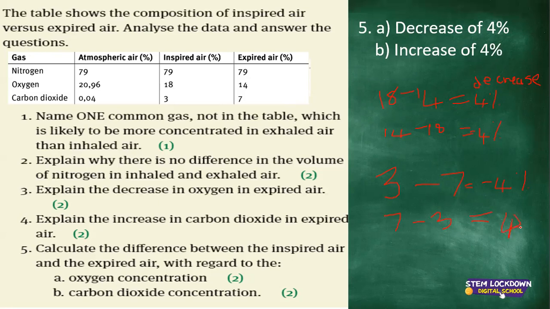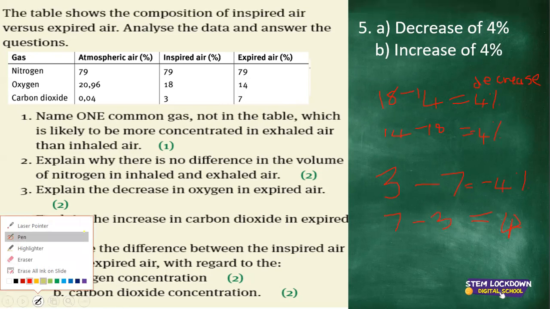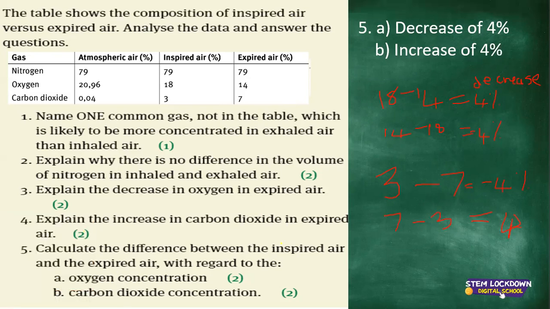So how do you know which answer to use here? Do you take the negative or the positive? The question wants to know the difference between the inspired air and the expired air. So the correct formula you need to use is the expired air subtract inspired air. E is for expired, I is for inspired. For the oxygen, expired air is 14 minus 18, then you will find your negative 4%.